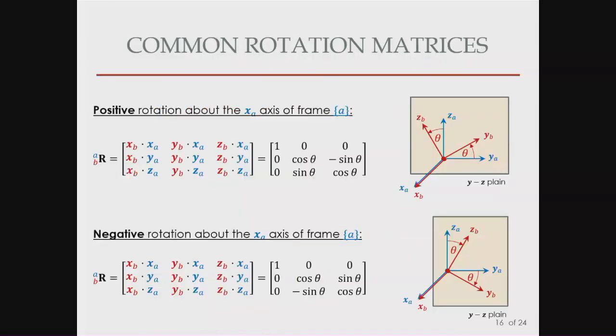Okay, so what we are going to look at first are the 6 most used rotation matrices that are very convenient, and you will learn them by heart, for sure.